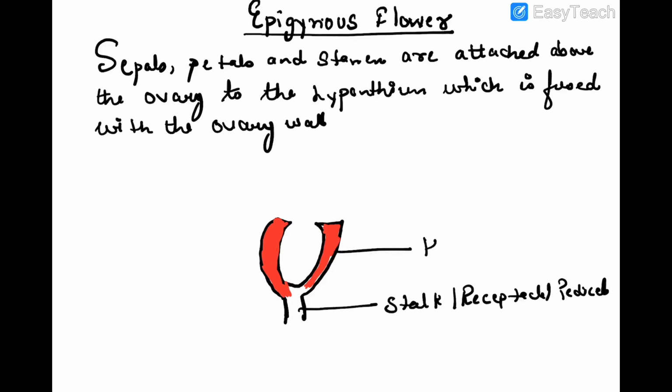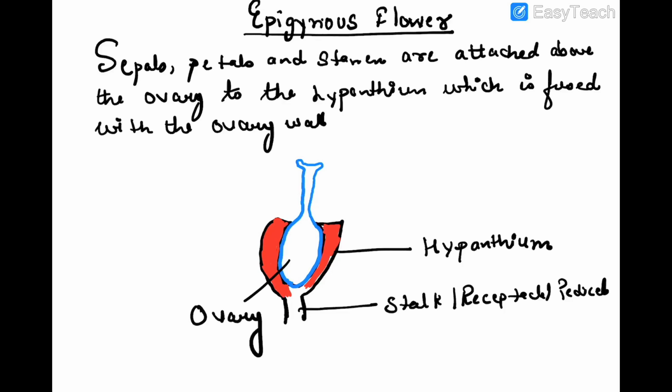Now the ovary would be fused with the hypanthium. I am drawing the ovary in blue color and it is now fused with the hypanthium. As you can see, this is the ovary which has fused with the hypanthium, and sepals, petals are attached here.